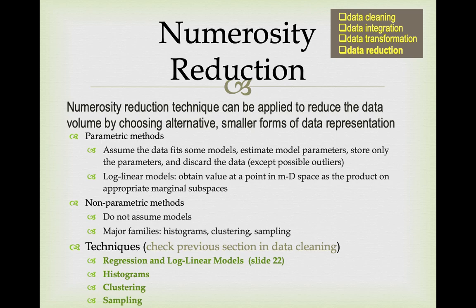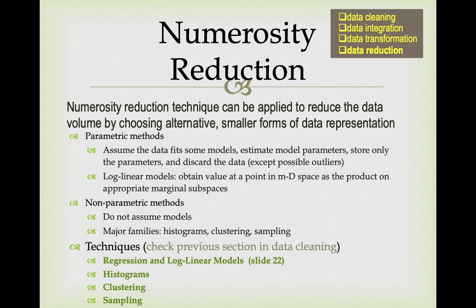We can use parametric methods, which assume that the data fit some model, estimate the model parameters, store only the parameters, and discard the data except possible outliers. Log-linear models obtain the value at a point in m-D space as the product of appropriate marginal subspaces. Or you can use a non-parametric method.